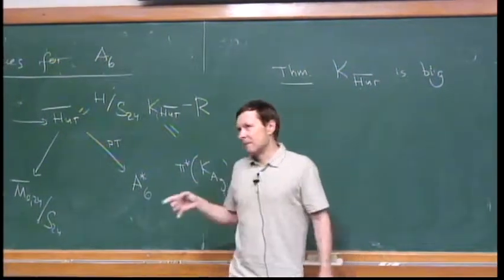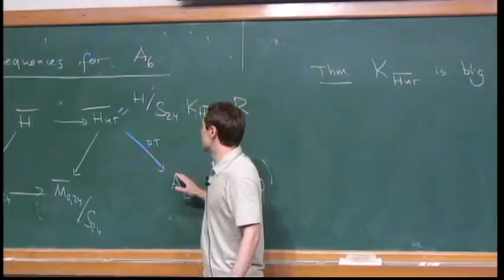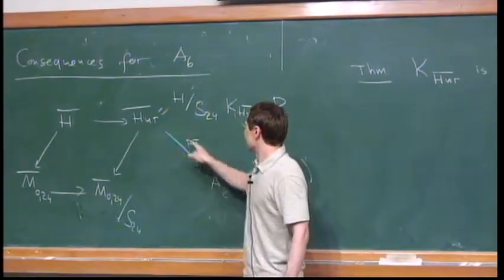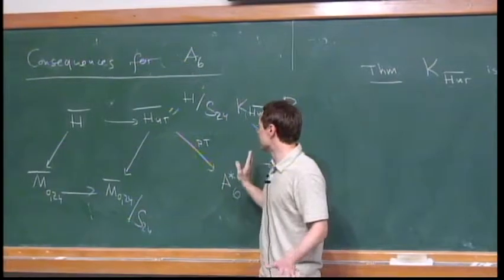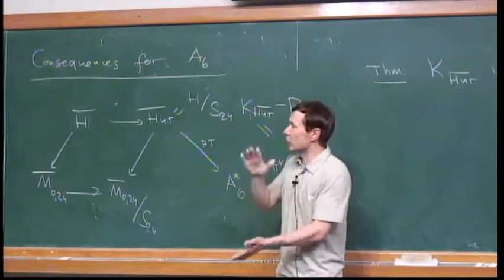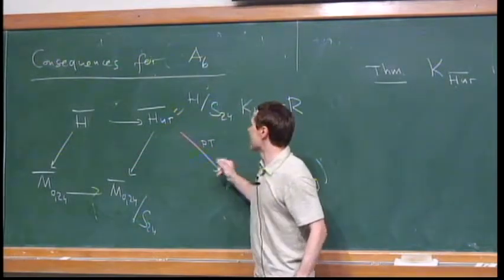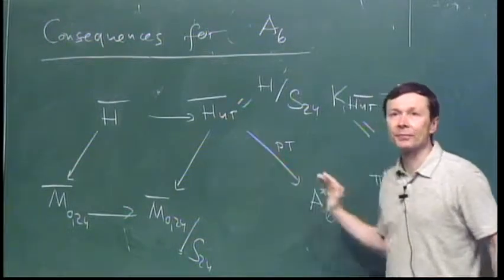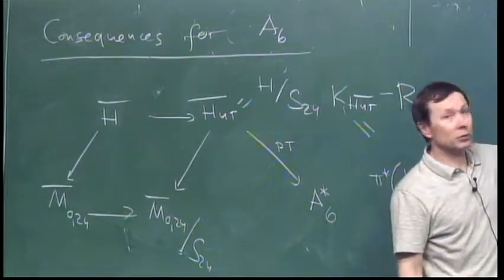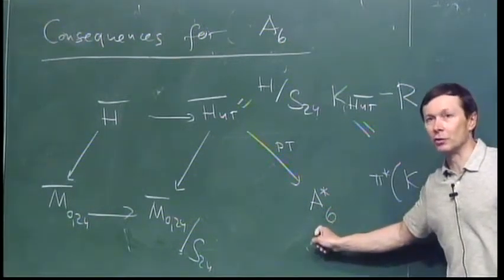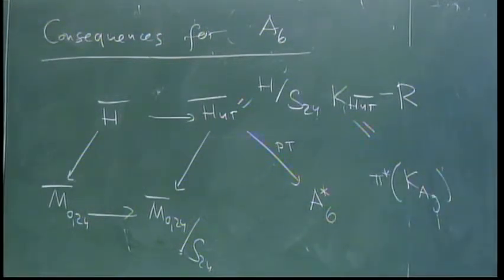And so, for example, if we knew, so this is a map of some big degree, which we also don't know. But if we knew just the ratio between the degree of this map and the degree of the ramification, then maybe we could conclude that this is also big, and that A6 is of general type.